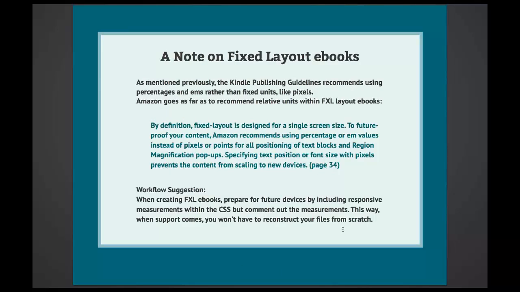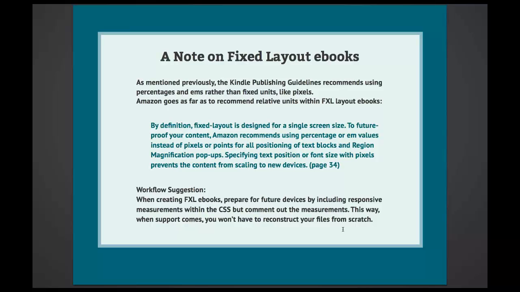And then I just wanted to point this out. I'm not really touching on fixed layouts in particular, but the Kindle publishing guideline even recommends using relative units for your fixed layout ebooks. So they say, to future-proof your content, Amazon recommends using percentages or em values instead of pixels or points for positioning text box and regional magnification pop-ups.